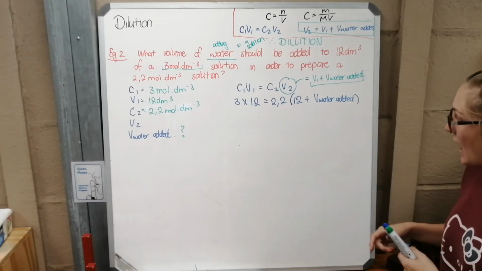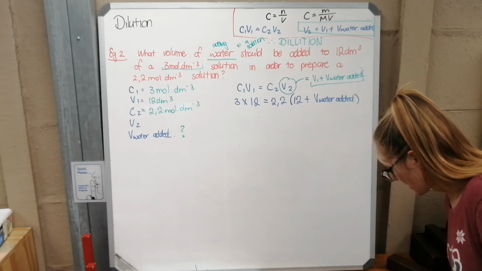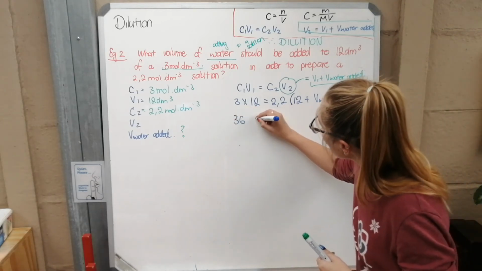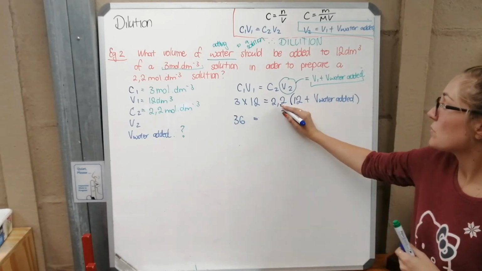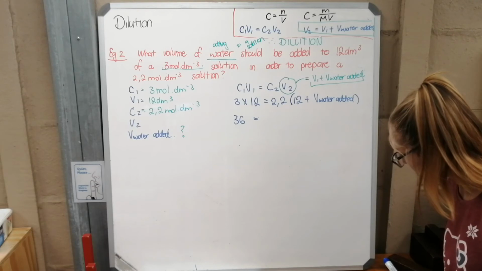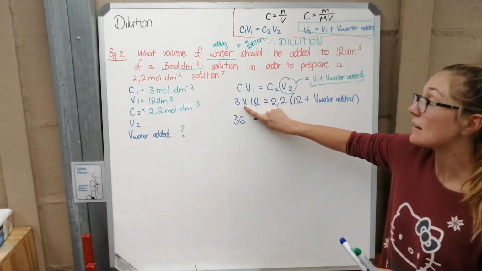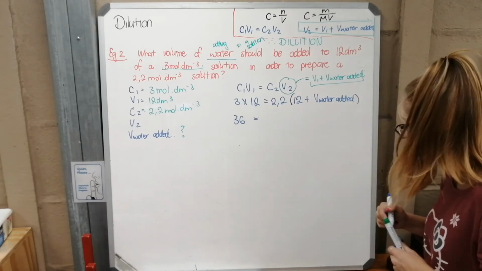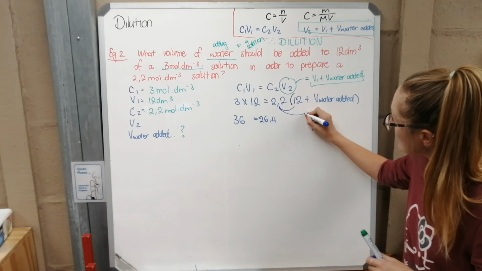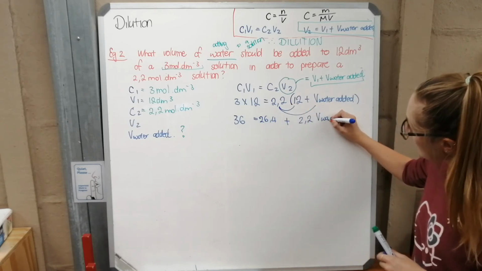So we're going to have 3 times 12, 36, is it? Gotta just double check. 36. So we've got 36 equals, now we're doing the distributive law here, so it's 2,2 times 12. There are many different ways of solving this formula. You could have also just immediately divided by 2,2, but I'm just going to do it this way. So we've got 26,4 for the first distribution, and then for the second distribution, plus 2,2 volume of water added.